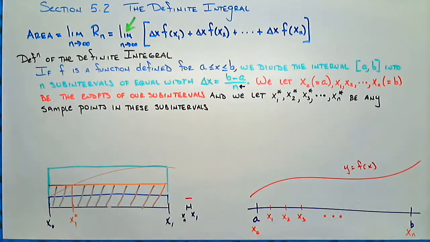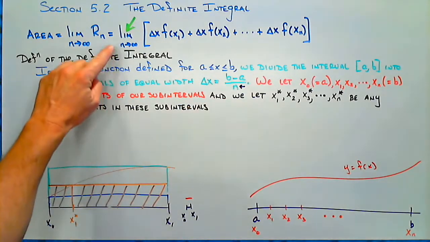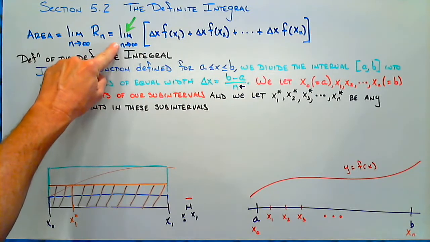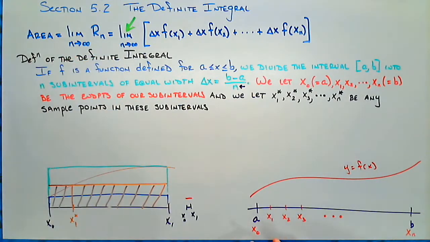And because it is a finite length, and because we're letting the number of rectangles grow without bound, the width of those rectangles is becoming infinitesimally small. It's becoming tiny. So the difference between any functional value is going to become almost indistinguishable.